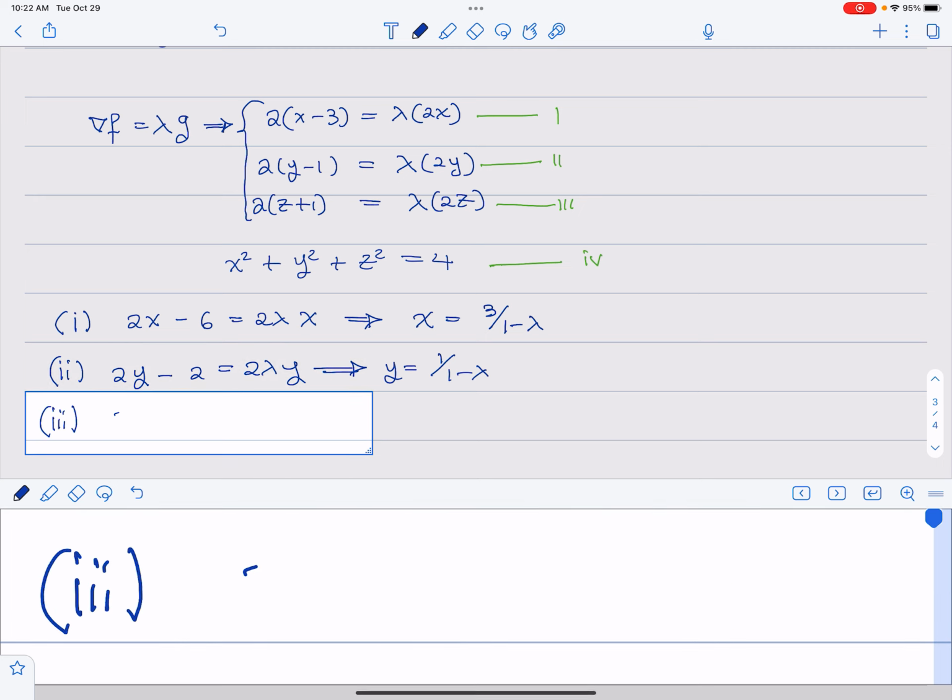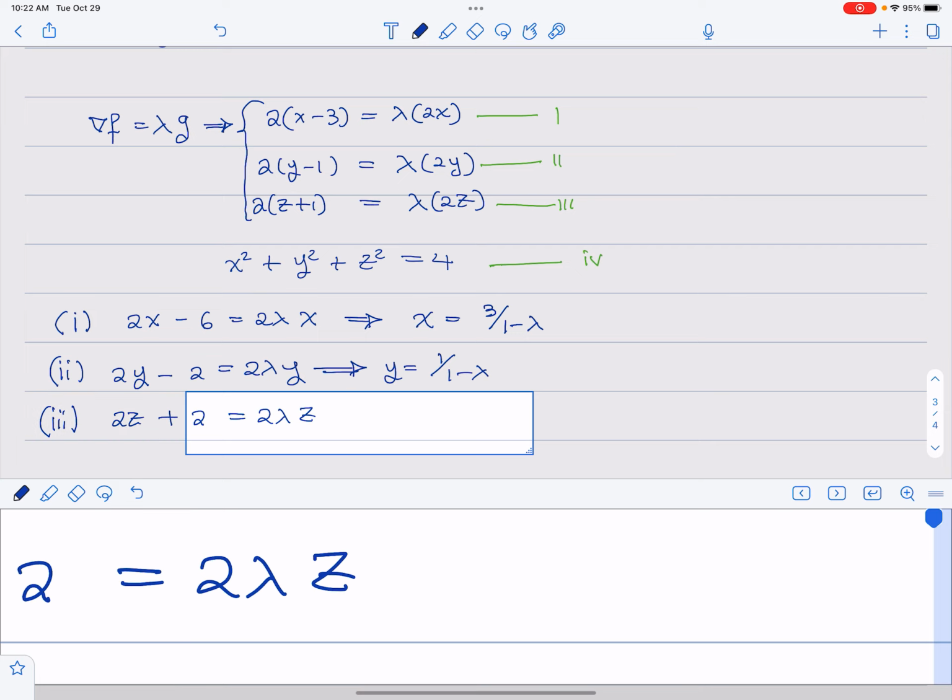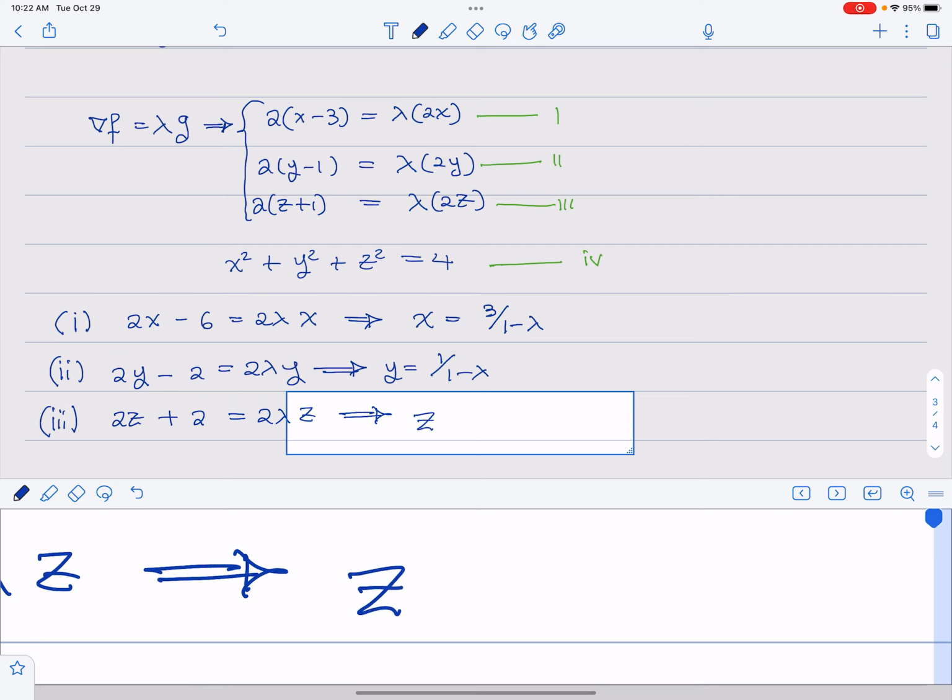And the third one, 2z plus 2 is equal to 2 lambda z. If you solve for z, z is equal to negative 1 over 1 minus lambda.